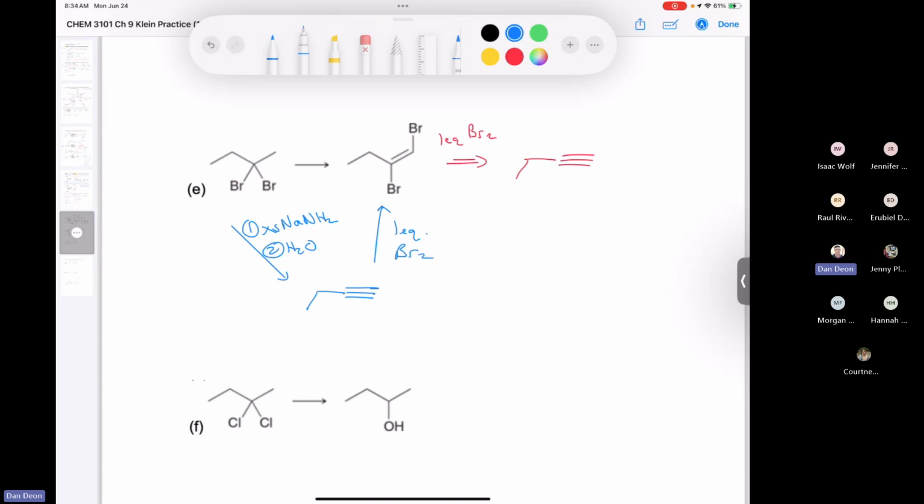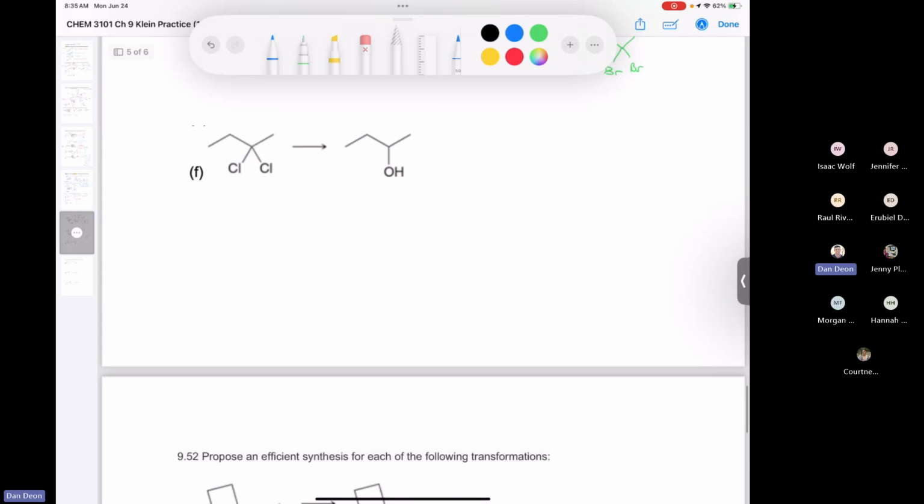Okay, if you used excess Br2, in that case, you would end up with this compound where you'd have 1, 2, 3, 4 bromines like that. So that's something completely different. So maybe I'll put that in a different color. Oops, that's not what I meant to do. All right, but that was one of the questions that we did talk about in the class. So here we go. All right, next one.